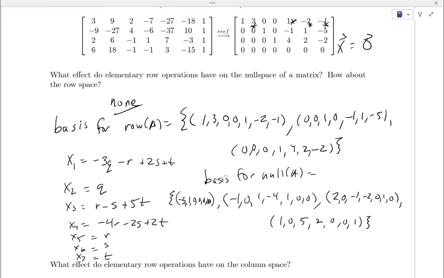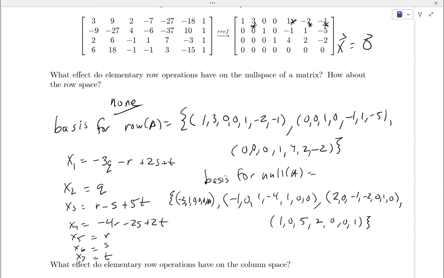All right, so we said that the elementary row operations don't affect the null space and don't affect the row space. However, elementary row operations do change column vectors, correct? In particular, notice that in your reduced row echelon form, I have a row of zeros in the bottom.